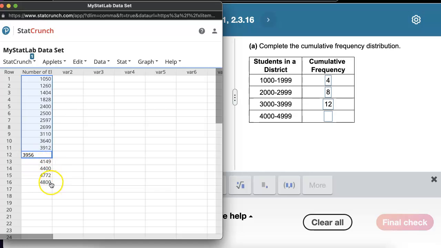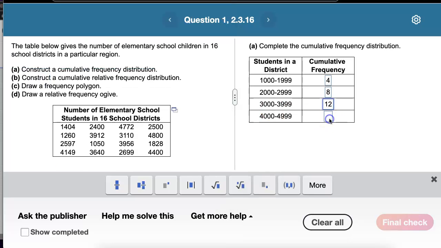There's a total of 4. But remember, I'm counting everything in that class and before it, so I get 16. One way to quickly check your cumulative frequency distribution is that the cumulative frequency of the last class or the greatest class should also be the total number of data within the set. So that's a quick check that we should have done that correctly.